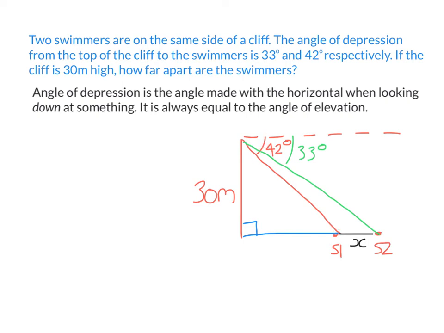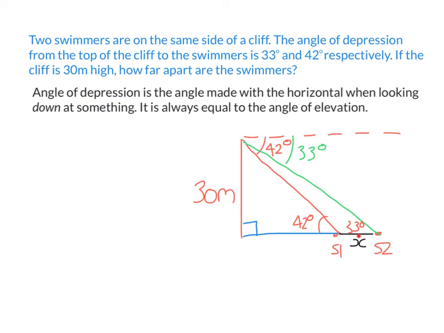So this angle's 42, this angle here must be 42 degrees. So the angle of elevation looking up from this swimmer is 42 degrees, and the angle of elevation here would be 33 degrees. The angle of depression and angle of elevation is always the same. That's because these two angles are alternate, which we did in a previous lesson.